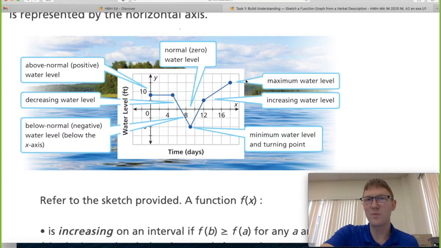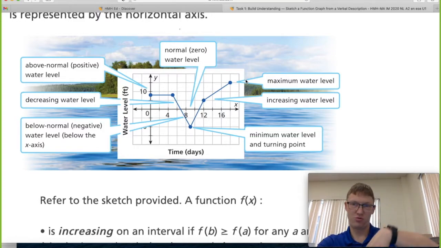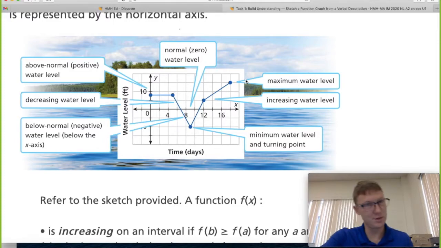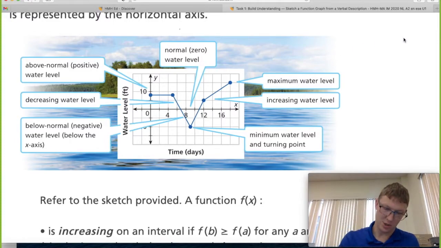That's where the roller coaster analogy comes into play. As you're moving left to right, if you were going down, you are decreasing. If you were going up, you are increasing.